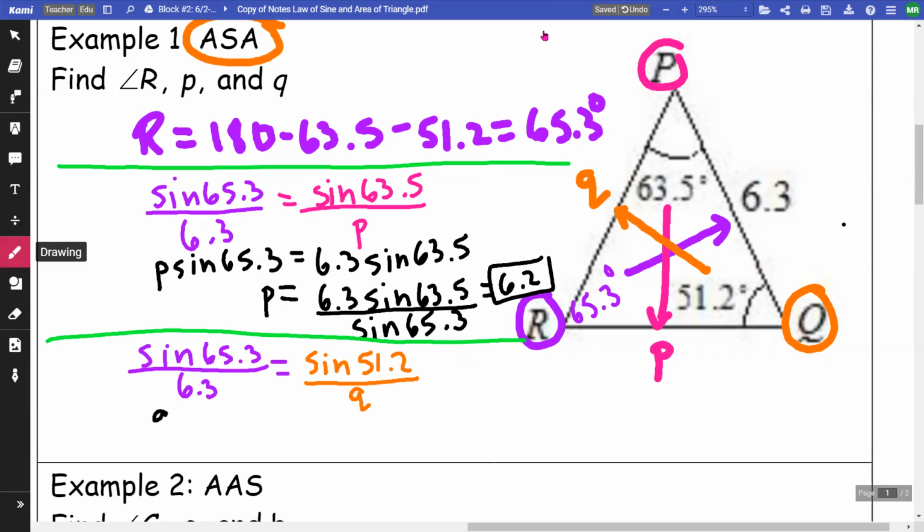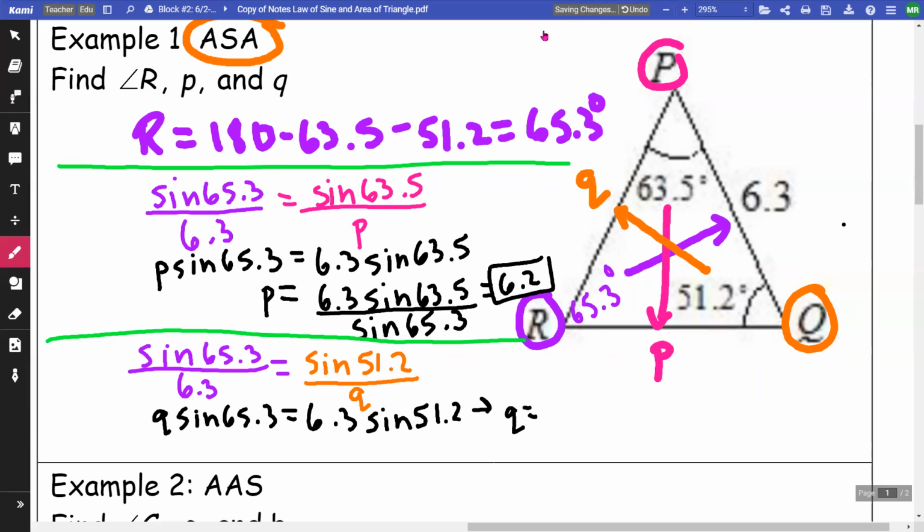So I'm going to get Q times sine of 65.3 is equal to 6.3 sine of 51.2. I am going to divide by sine of 65.3. So I'm going to get 6.3 sine of 51.2 divided by sine of 65.3. Put that in my calculator.